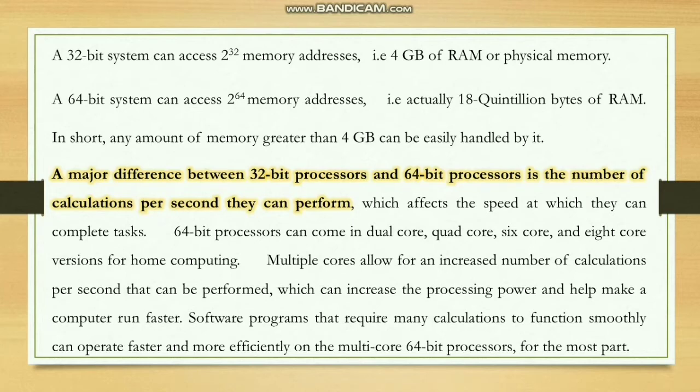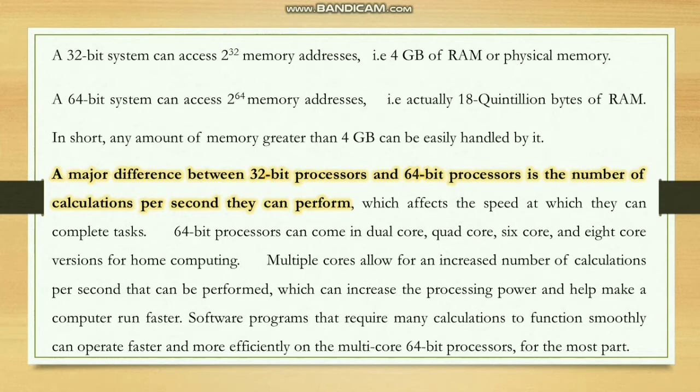That means it will be able to handle 18 quintillion bytes of RAM. In short, I am not explaining much more. In short, a 4 GB RAM or more could be handled easily by a 64-bit processor or a 64-bit operating system.